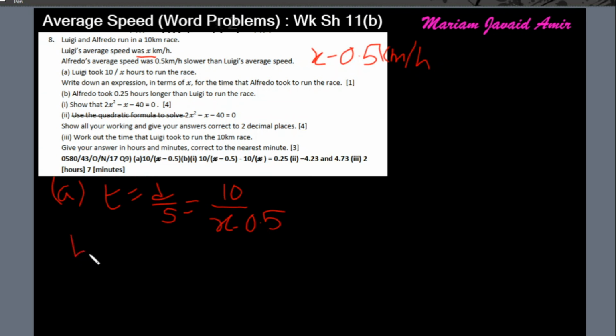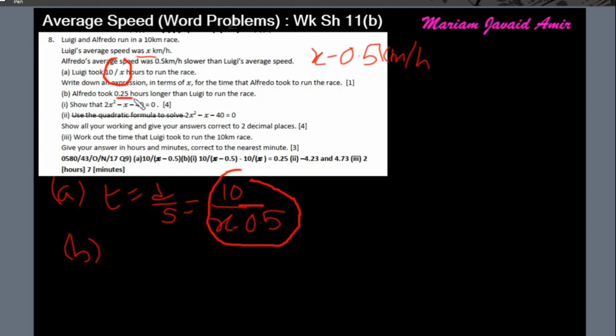Alright. Part B. Alfredo took 0.25 hour longer than Luigi to run the race. We have to show this equation. So one fraction is 10 over x and the other fraction is 10 over x minus 0.5, and both of these fractions tell us the time taken by both of the boys.